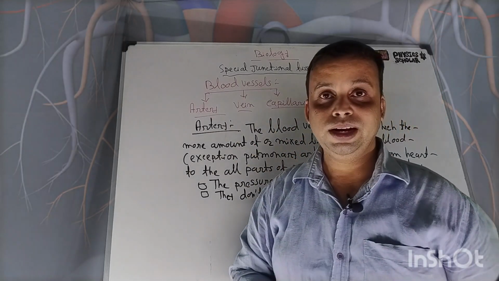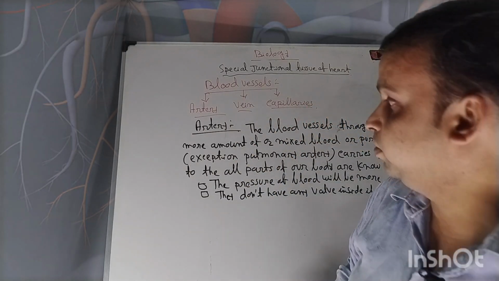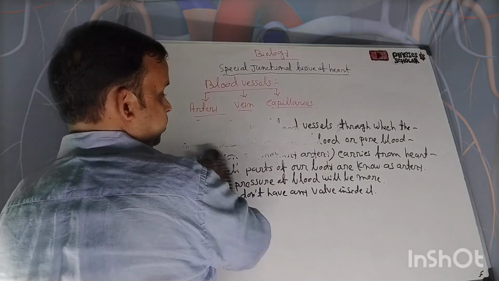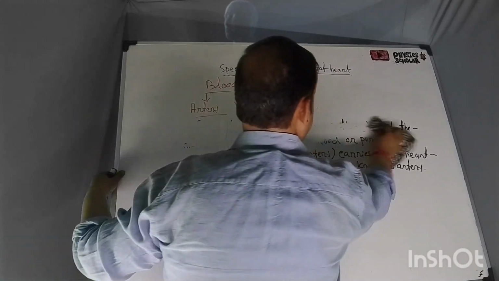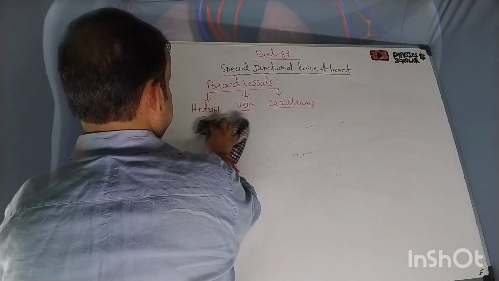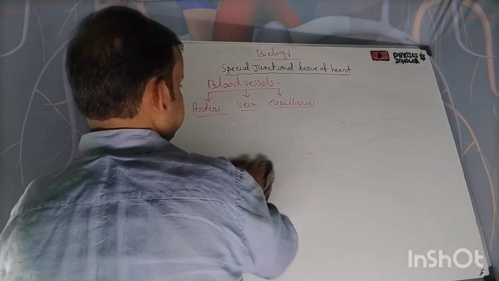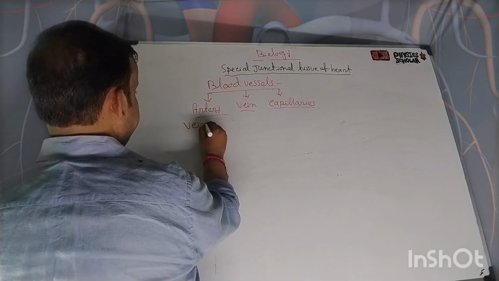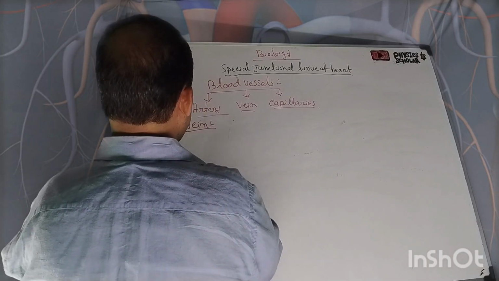So this is the artery. Clear? Now let us discuss the vein. So what is actually a vein? It is also a blood vessel.